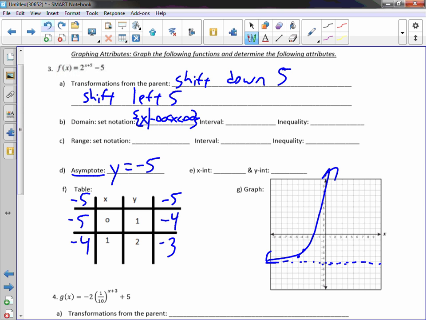Interval notation, -infinity to infinity. Inequality, -infinity to infinity. All these are different ways of saying all real numbers. Make sure you know the difference between set notation, interval, and inequality. You'll be asked about the difference on the final.